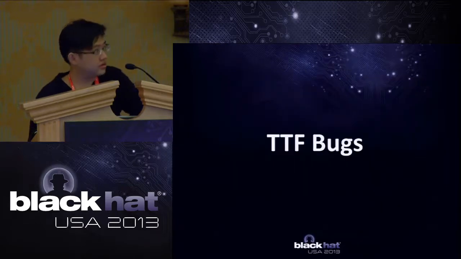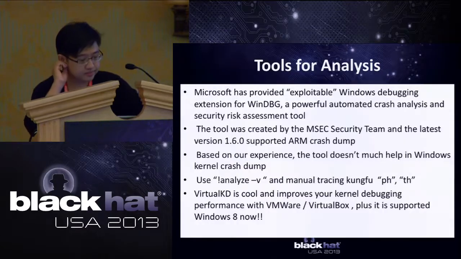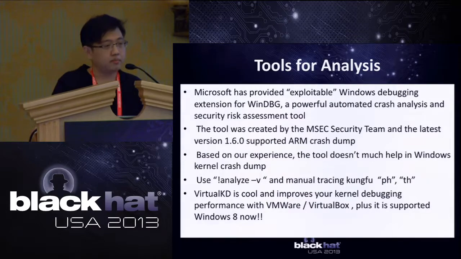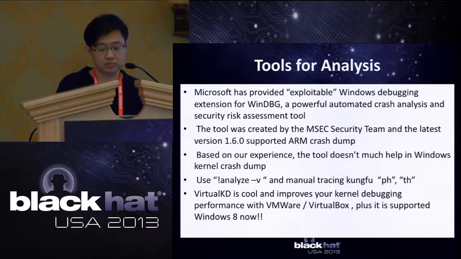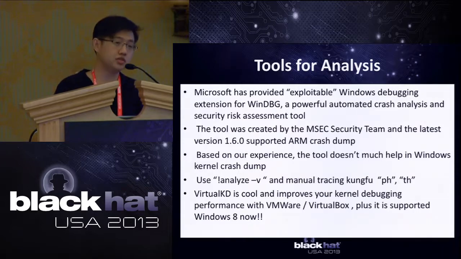And in this section, we would like to share some findings of our fuzzing process. Microsoft provides a very cool WinDBG extension, the so-called exploitable plugin, to evaluate the crash dump file. The tool was created by the MSEC security team, and now the latest version even supports ARM.